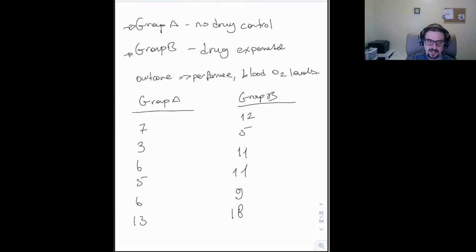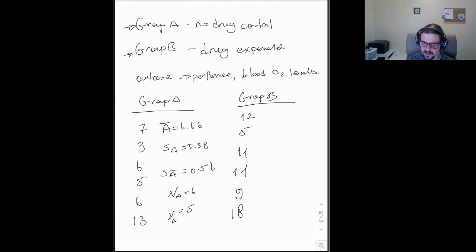Okay, we can readily calculate the sample statistics from here, so I'm just going to go ahead and do it. A mean is going to be 6.66. Standard deviation is going to be 3.38. Standard error is going to be 0.56. Our sample size is 6, and degrees of freedom is 5.